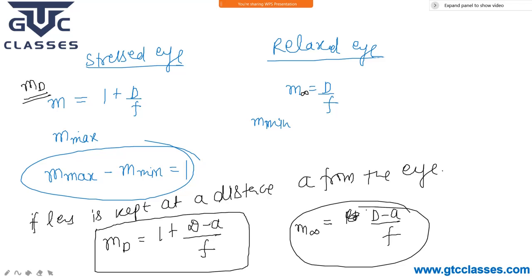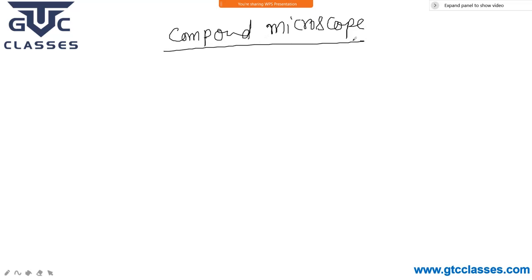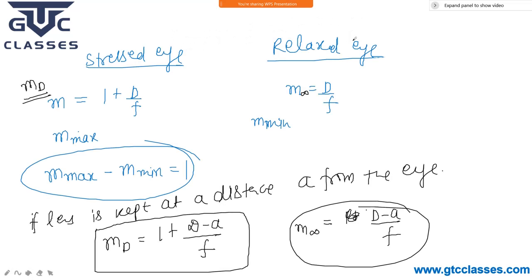Okay. Now we are ready to move to the compound microscope. But before moving to the compound microscope, the question comes: why do we need the compound microscope? The reason is, you tell me, the magnification power depends upon whom?